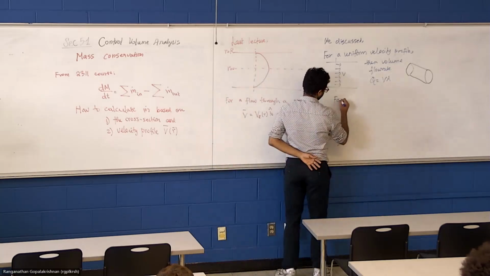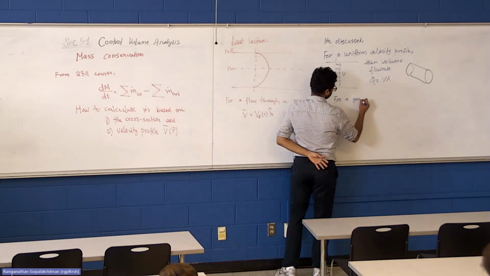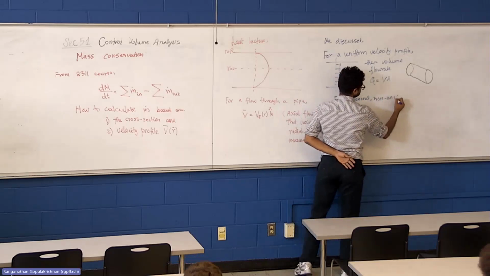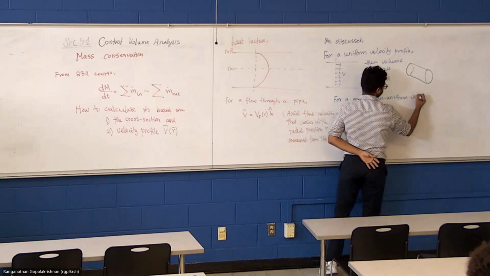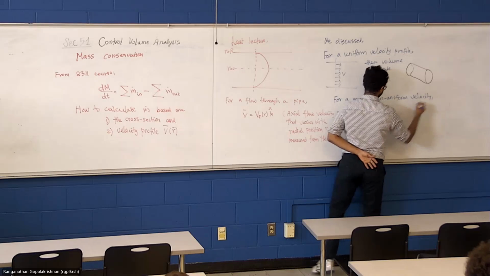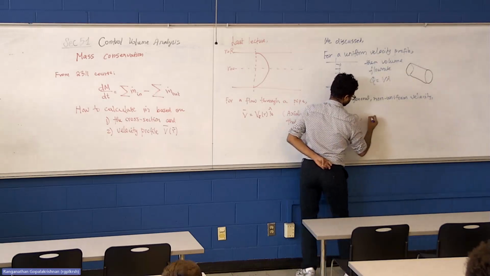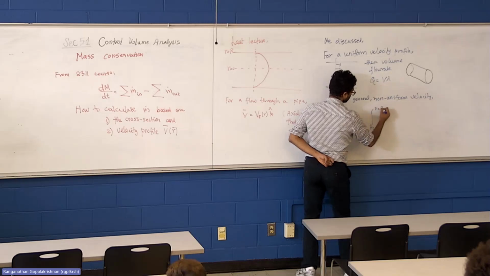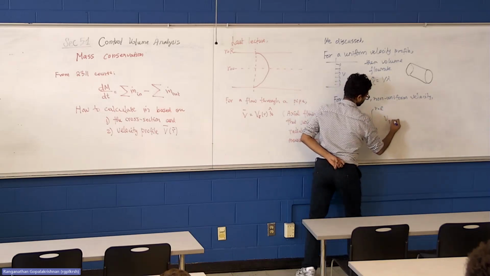For a general non-uniform velocity profile, we wrote Q is equal to the integral from r equal to 0 to r equal to R of Vz dA.